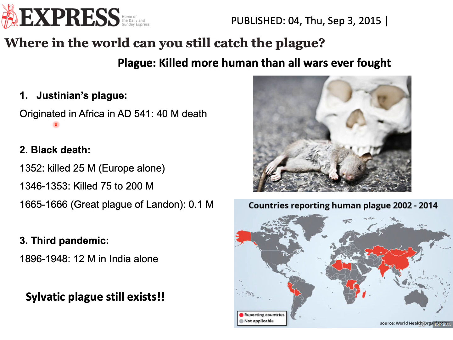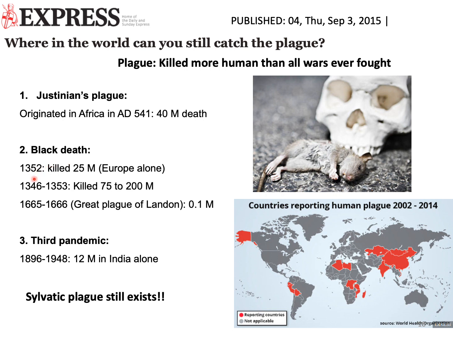This plague originated in AD 541 in Africa and later spread throughout the Mediterranean region, killing an estimated 40 million people during the 6th and 7th centuries. The second pandemic is called the Black Death in the 14th century, which originated in Central Asia and spread to Europe as a consequence of developing trade routes between the two continents.